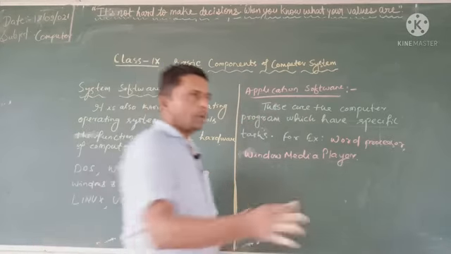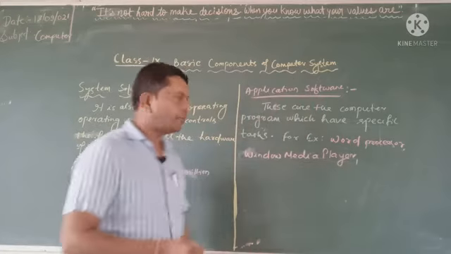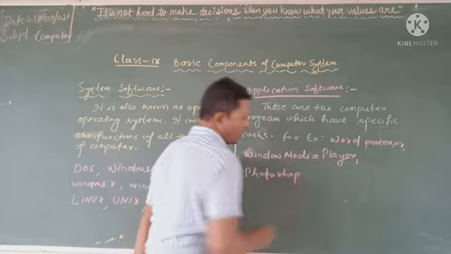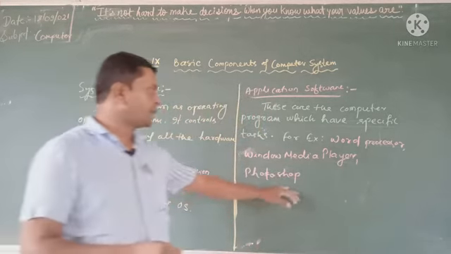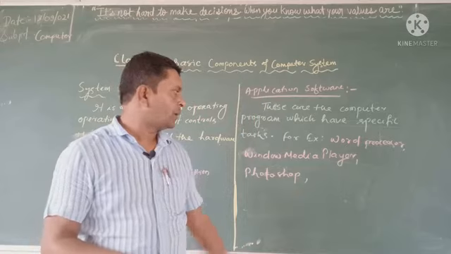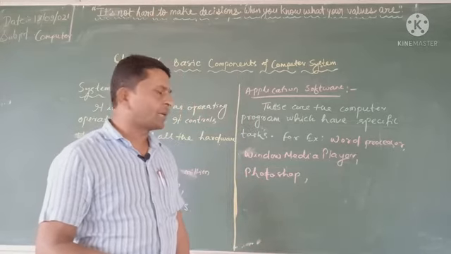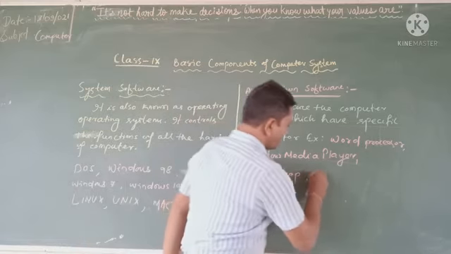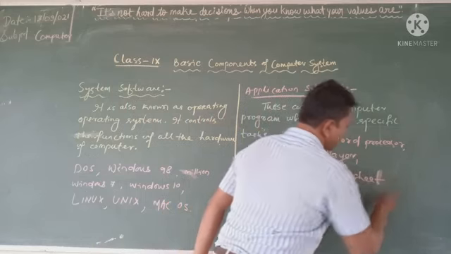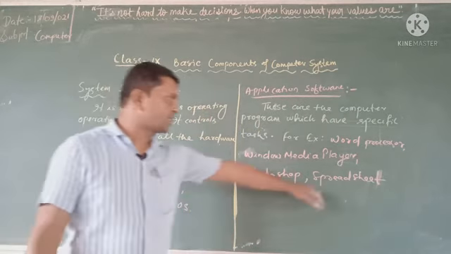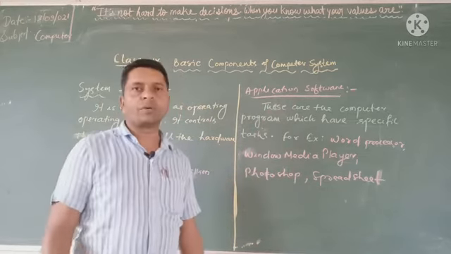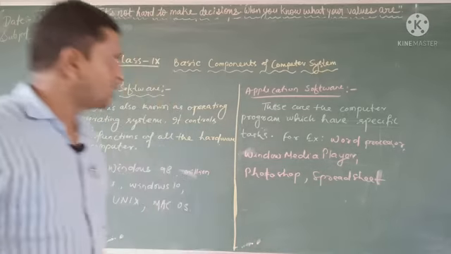For photo editing, you use Photoshop software to edit a photo. And to keep a record of data, you need spreadsheet software. So there are different types of tasks, and for each task there is a software or a program. Okay, so this is application software.